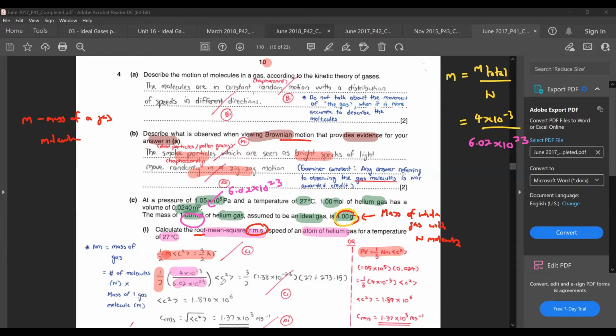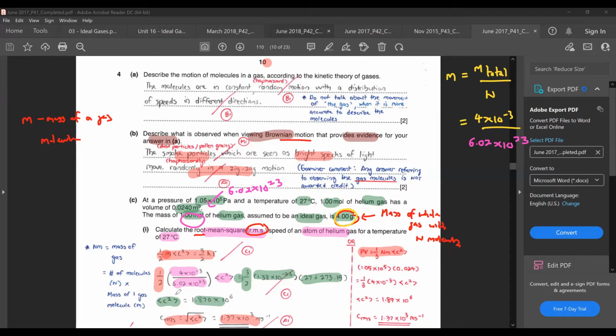Then multiply with mean square speed, then equate it to 3 over 2 times k, which is 1.38 times 10 power minus 23, and then multiply with 27 degrees Celsius. Remember to change to Kelvin by adding 273. So your mean square speed is going to be this value, 1.87 times 10 power 6. To find the root mean square, you just square root it. You're going to get the answer 1.37 times 10 power 3.